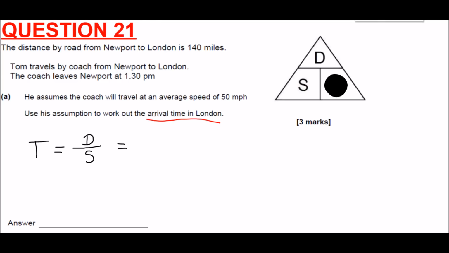So what we need to do is find the information we need. D represents the distance travelled, and luckily we're told this in the first part of the question. The distance by road from Newport to London is 140 miles, and so we can fill that in. The distance is 140 miles, and the speed is 50 miles per hour.